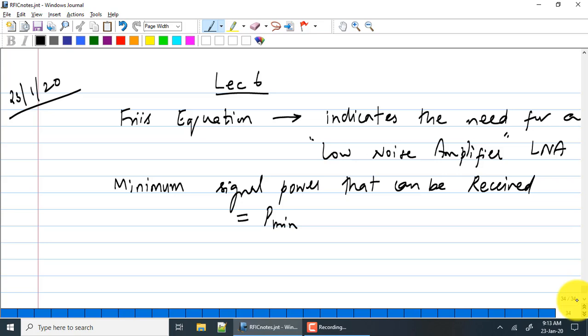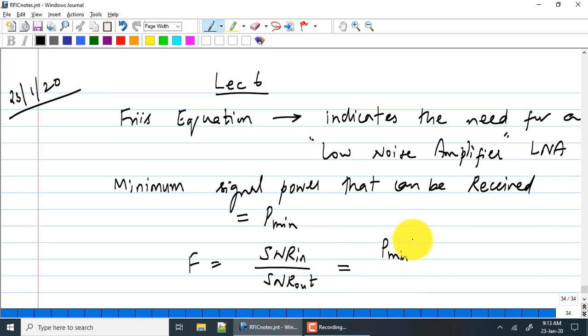The easiest way is to start from the basic definition of noise figure. What is the definition of noise figure? SNR in over SNR out. Correct? What is SNR in? Well, you know the signal power. What is the signal power?